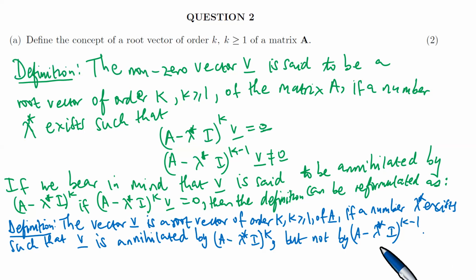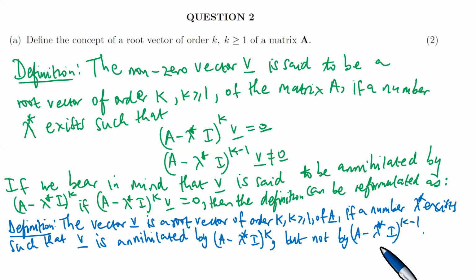The vector V is the root vector of order k greater or equal to 1 of A if a number lambda star exists such that V is annihilated by (A minus lambda star I) to the power k, but not by (A minus lambda star I) to the power k minus 1. Okay, note that. We have noted that we have equivalent definitions for the root vector.